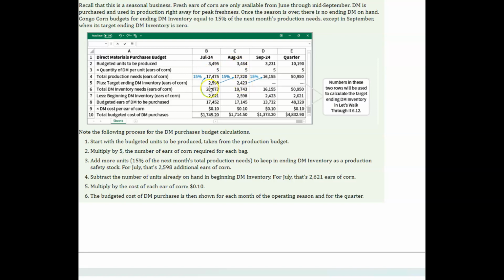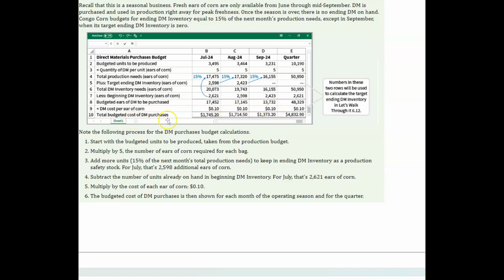Okay, so once we get this far down, we've got this middle. First, we figured out how many ears of corn. Then we did our plus target ending minus beginning. And now we can multiply times the cost per ear of corn. And they're paying 10 cents an ear.